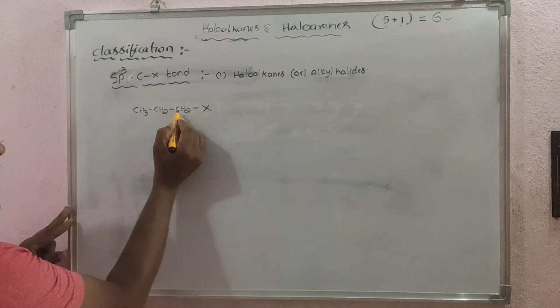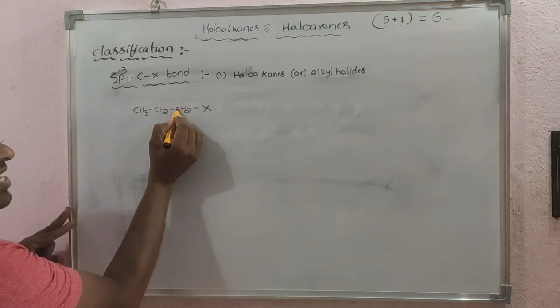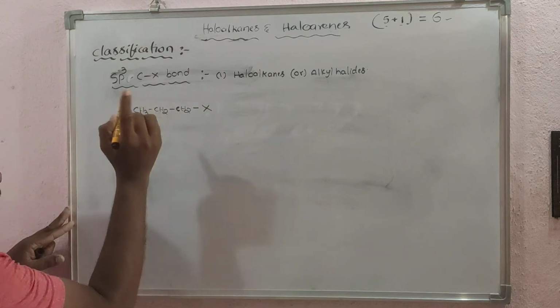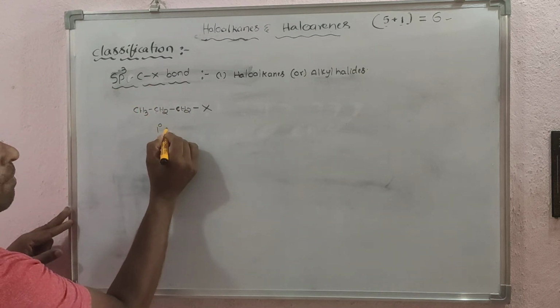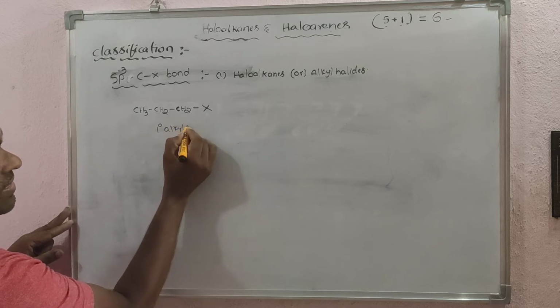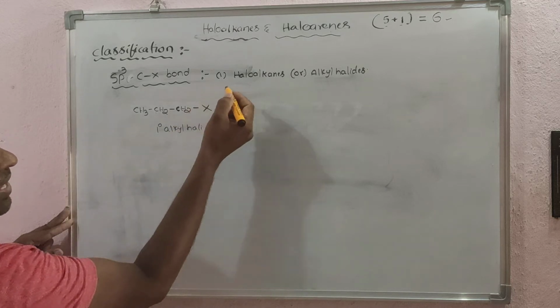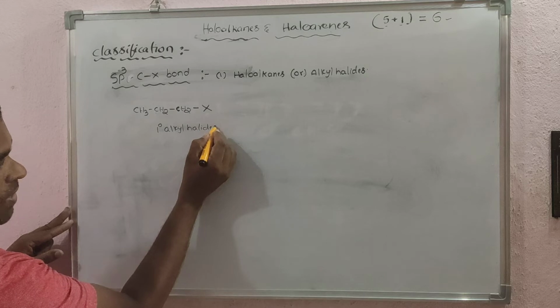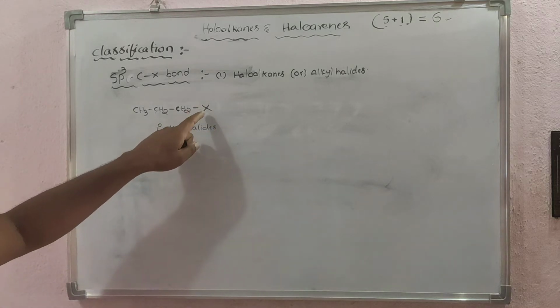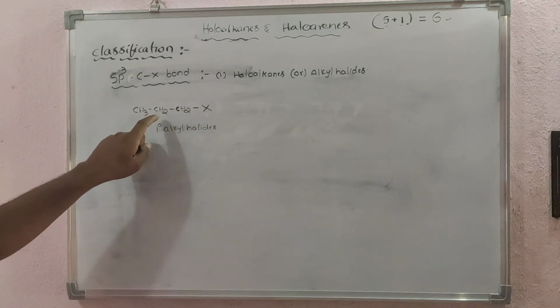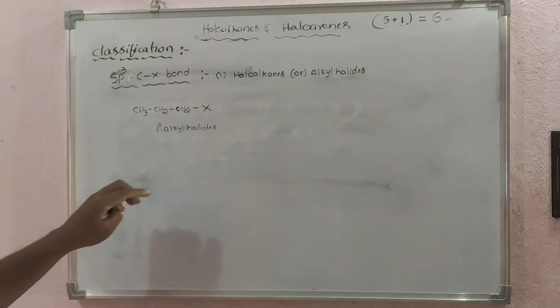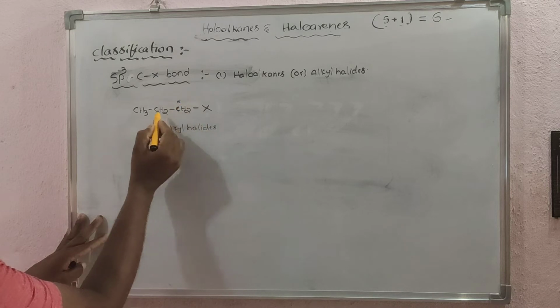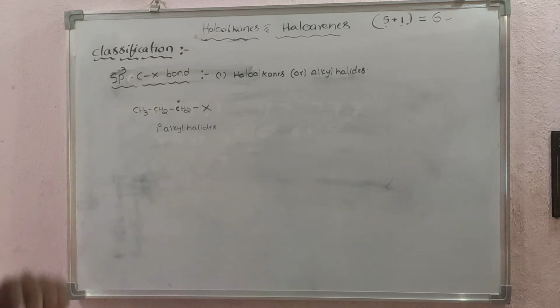If the halogen attached carbon is attached to one carbon, then that compound we will call primary alkyl halide or primary haloalkane. Primary means what? The halogen attached carbon should attach to a single carbon. You see this carbon is attached to only one carbon here. It is primary, so that's why primary alkyl halide.